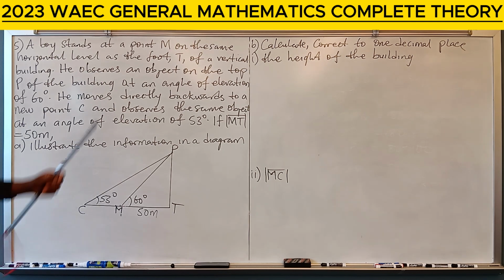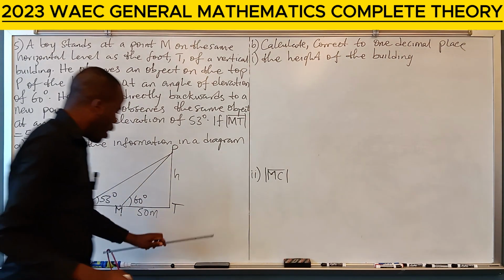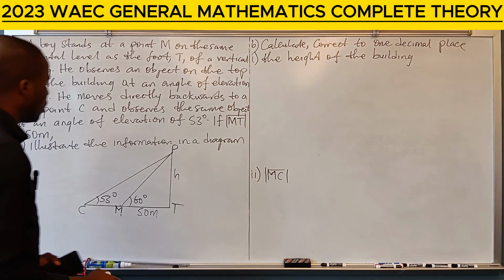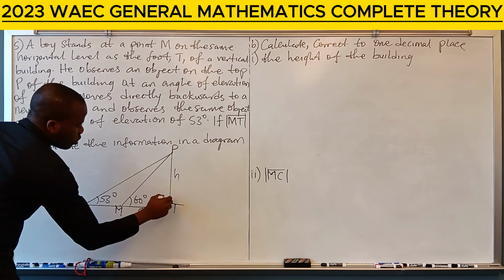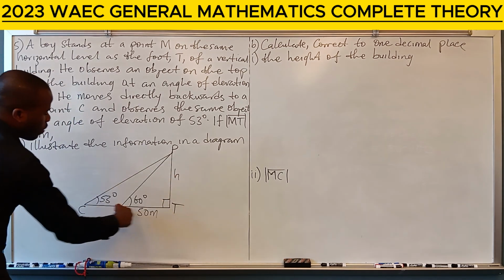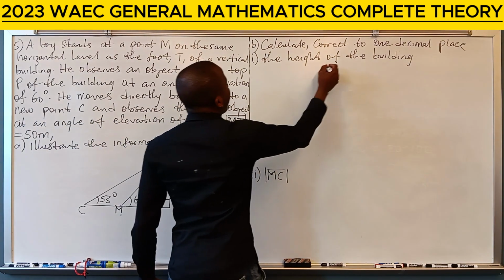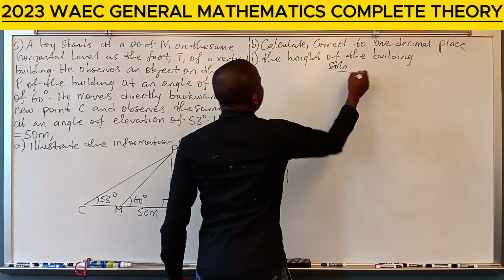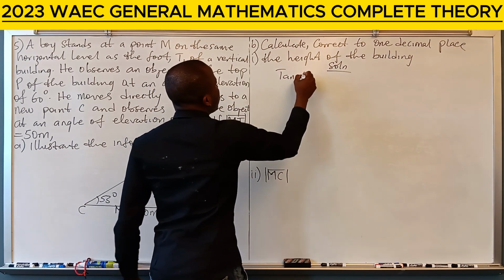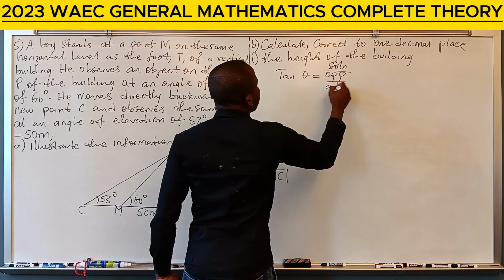Second question says, find the height of a building. Let's call here the height H. How do we calculate the height? We can use trig ratios, opposite over adjacent. So to find the height, we can use tan. We know tan theta is equal to opposite over adjacent.